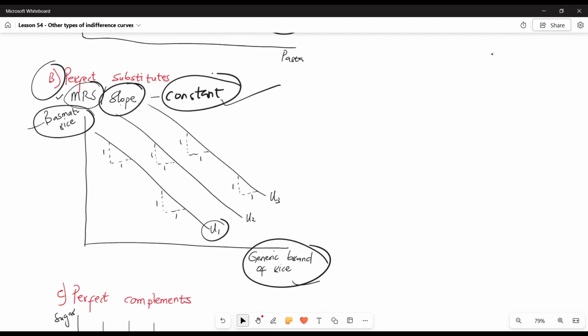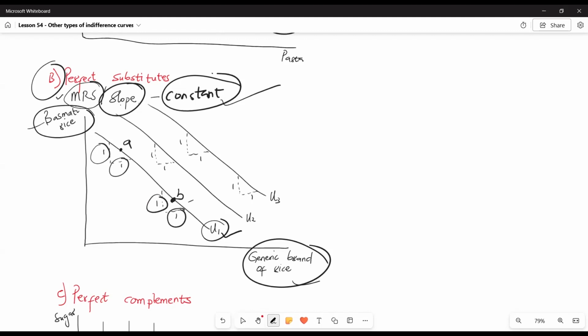So what we can see here is if we are at point A on this indifference curve U1, the consumer trades one bowl of basmati rice for one bowl of the generic brand. Now, if the consumer moves to point B on this indifference curve, the slope is exactly the same. One bowl of basmati rice to one bowl of the generic brand.